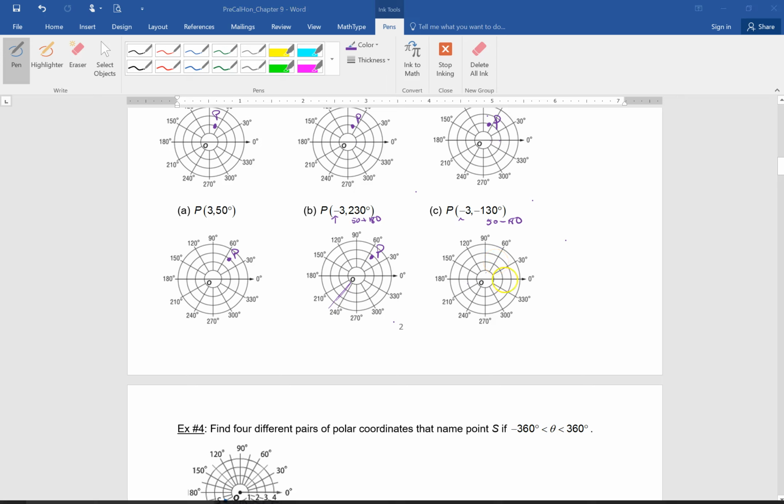So 90 here. Now I have to go -3 though. So rather than it being on this line, it's on the opposite ray, 1, 2, 3, right there. So just a little illustration.